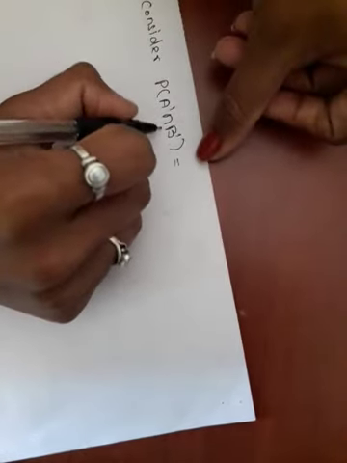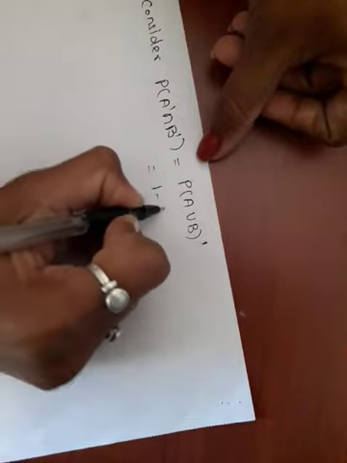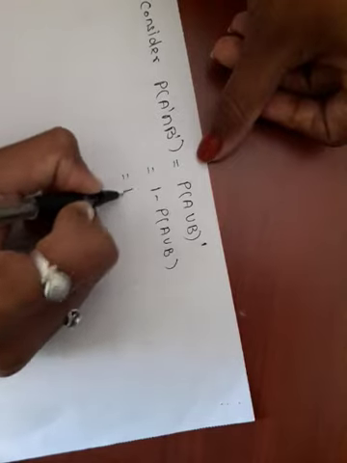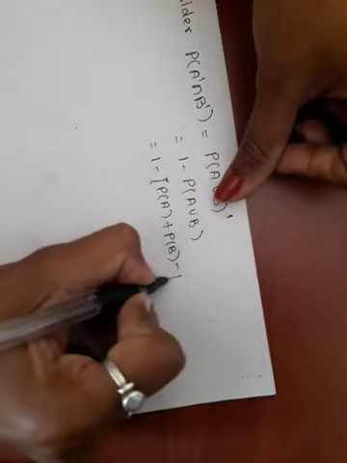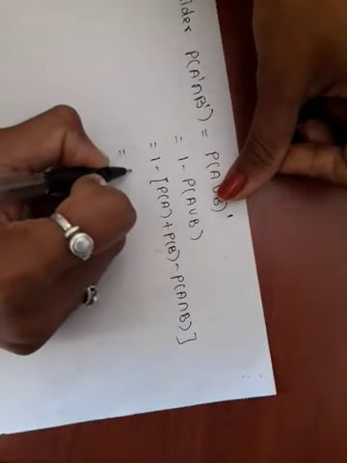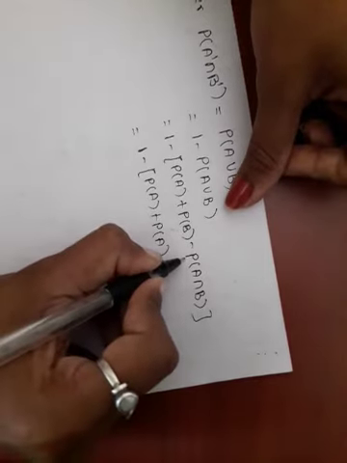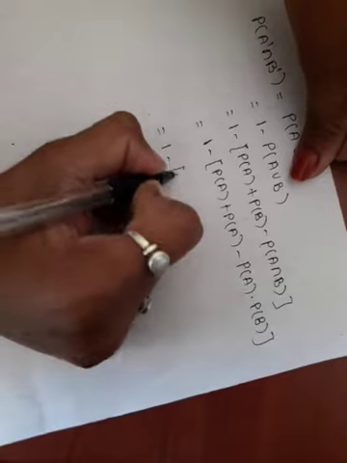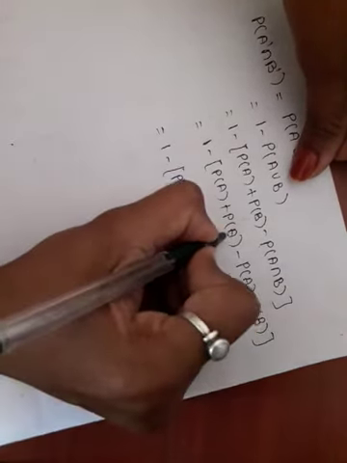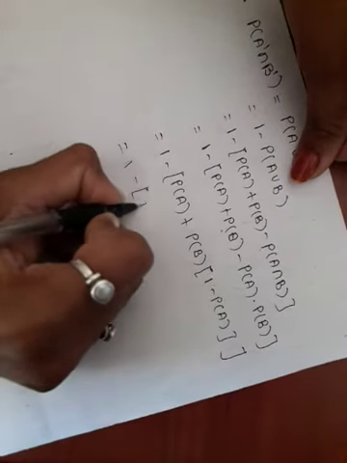Using De Morgan's law, P of A dash intersection B dash is equal to P of A union B complement, which is equal to 1 minus P of A union B. P of A union B is, by addition theorem, P of A plus P of B minus P of A intersection B, which is equal to 1 minus P of A plus P of B minus P of A intersection B. Since A and B are independent, instead of P of A intersection B we write P of A into P of B, which is equal to 1 minus P of A plus P of B into 1 minus P of A.